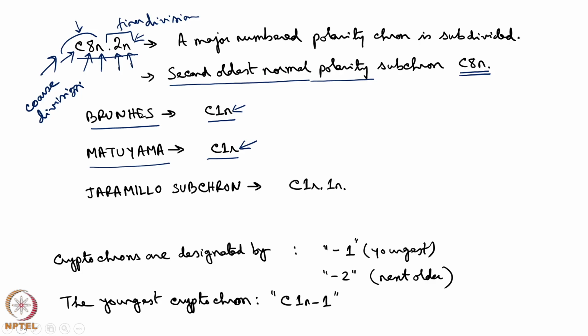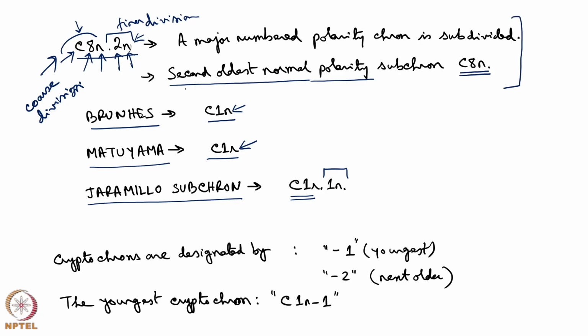Now, if we write the Jaramillo subchron, how will it be presented? C1R, within the Matsuyama a subdivision is made, 1N. What is the meaning of 1 here? Here dot 1N will have the same connotation as what I have explained with C8N dot 2N.